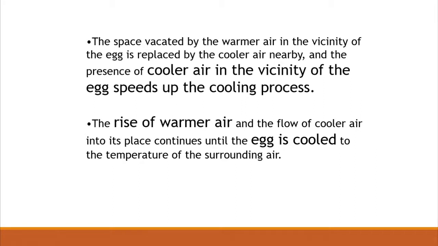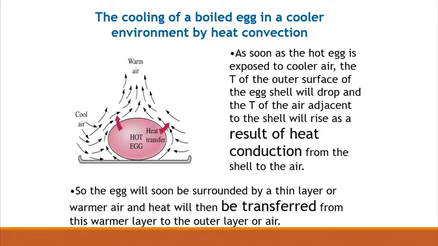The space vacated by the warmer air in the vicinity of the egg is replaced by the cooler air nearby, and the presence of cooler air in the vicinity of the egg speeds up the cooling process. The rise of warmer air and the flow of cooler air into its place continues until the egg is cooled to the temperature of the surrounding air.